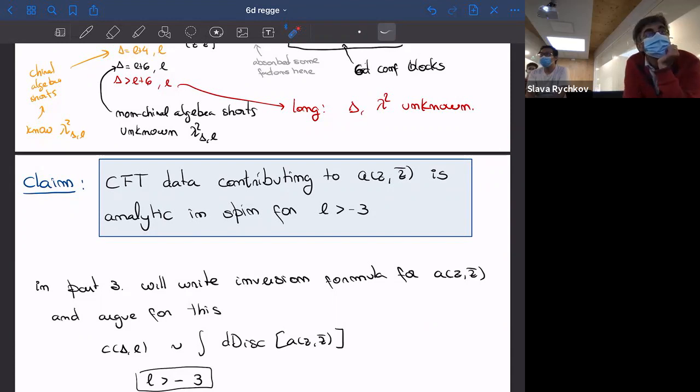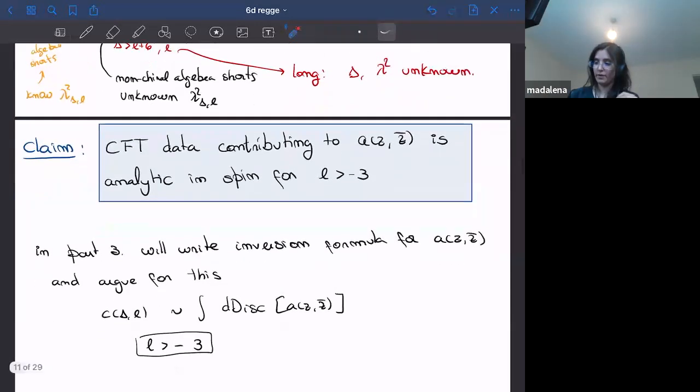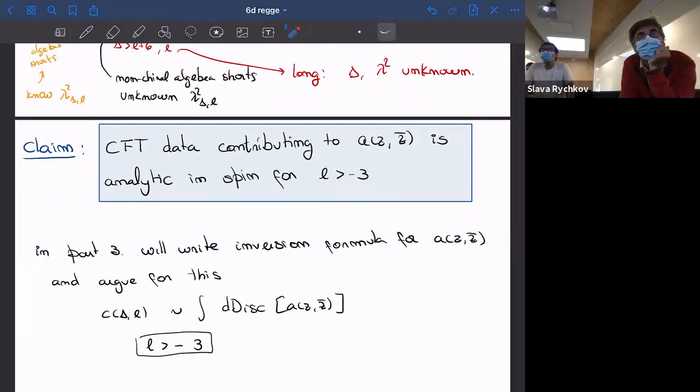The only thing I'm adding is, with the usual caveats that should go, and that's why I kept saying "in the sense of analytic in spin", in the sense of what was done by Simon. The only thing that changes for us is that supersymmetry makes the Lorentzian inversion formula valid for L bigger than -3 instead of L bigger than 1.